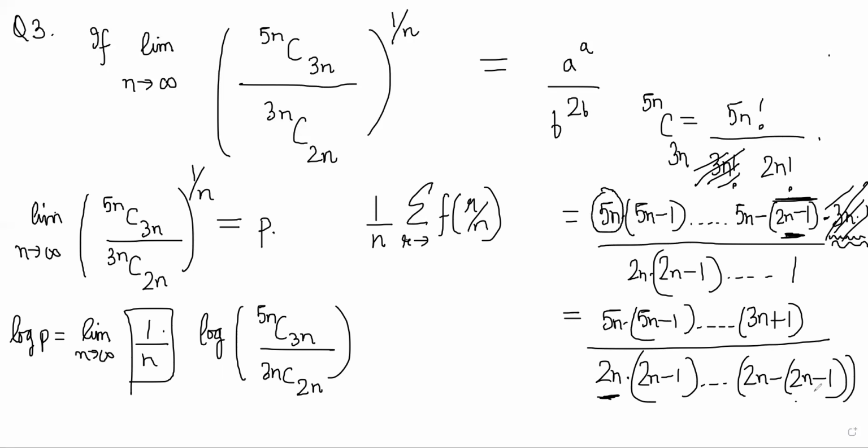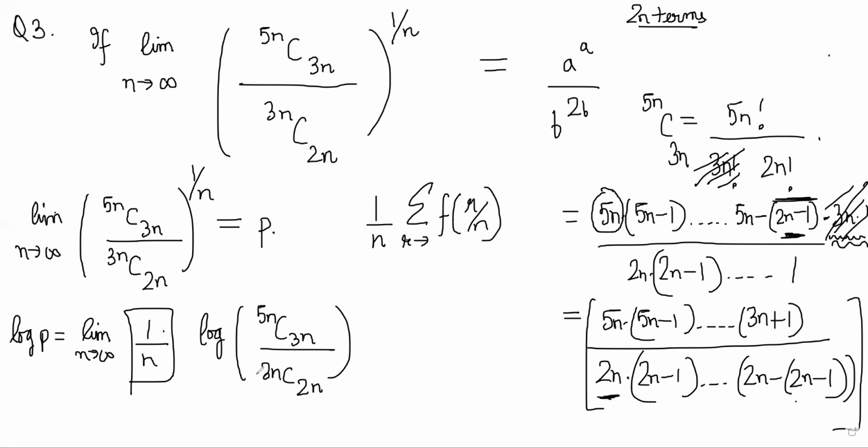How many terms are there? 0, 1, 2 till 2n minus 1, so there are 2n terms. Numerator has 2n terms, denominator has 2n terms in a product, right? Okay, so that is nice.